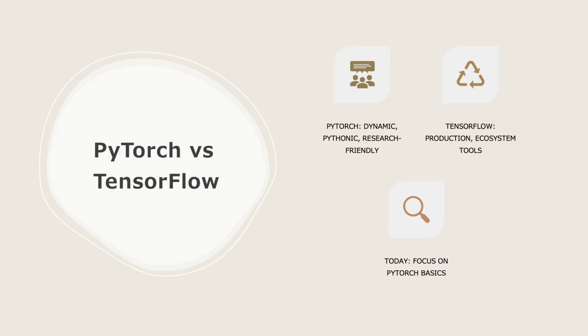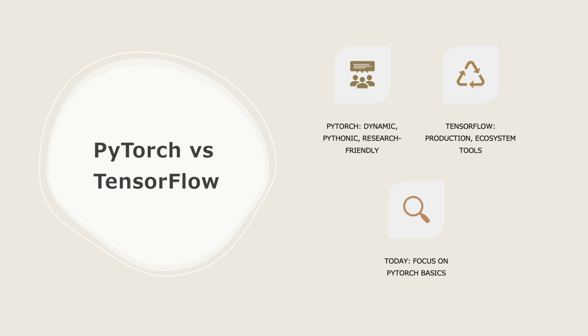When learning PyTorch, it's natural to wonder how it compares to TensorFlow, which was the dominant deep learning framework before PyTorch emerged. TensorFlow was originally built with static computation graphs, which could be harder to debug, although more recent versions of TensorFlow now include eager execution similar to PyTorch.